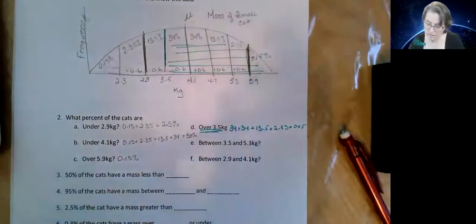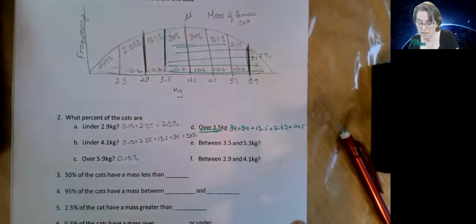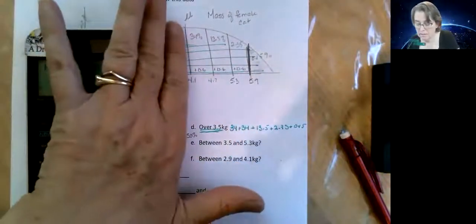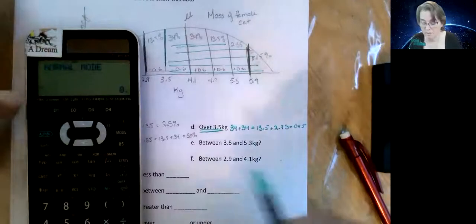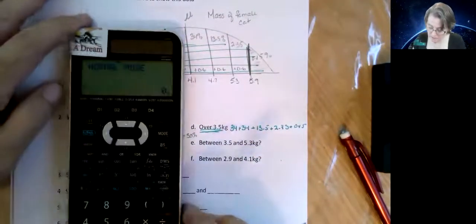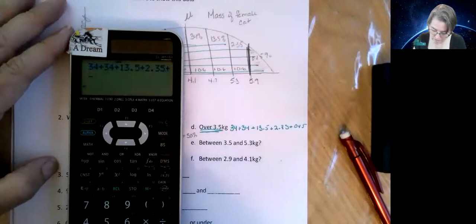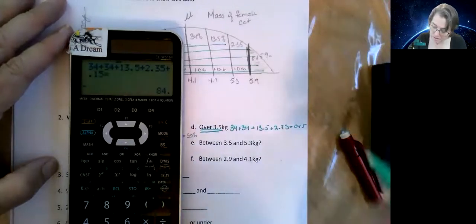And that should give me 84. And I did that because I knew that much was half, and then we added 34, but let's just double check. 34 plus 34 plus 13.5 plus 2.35 plus 2.5. Yes, 84%.